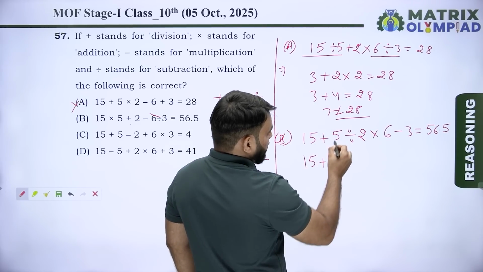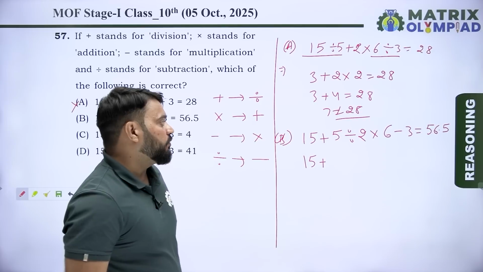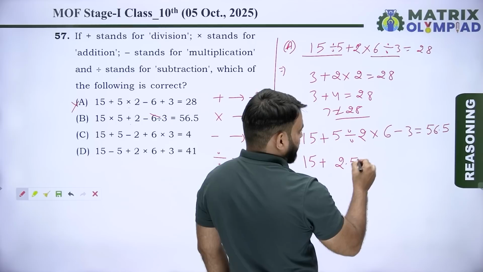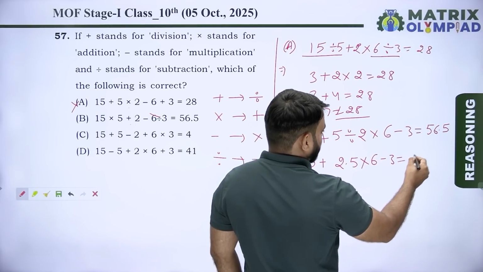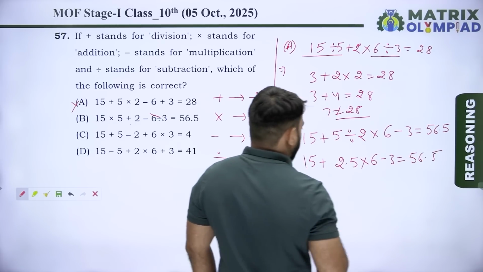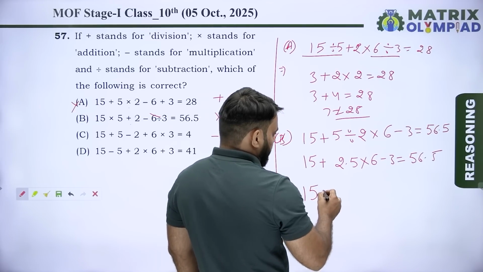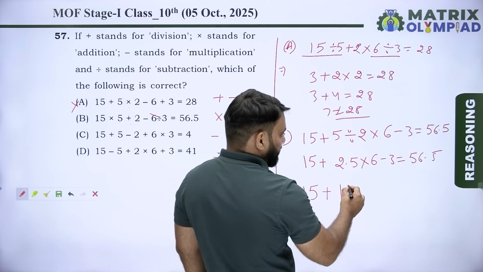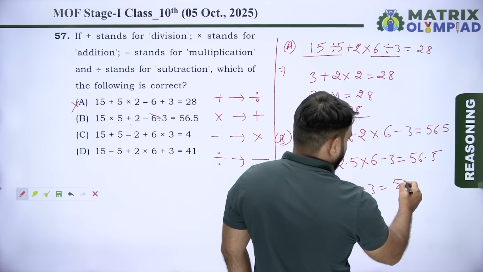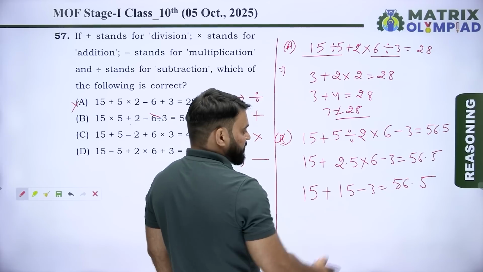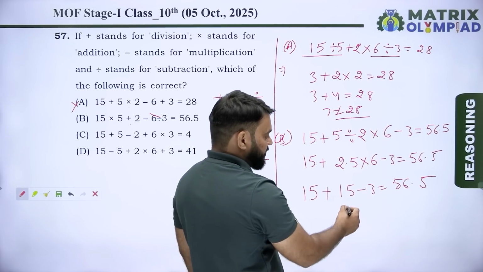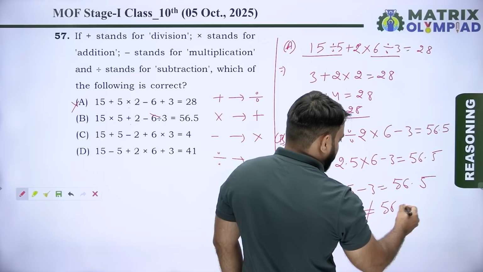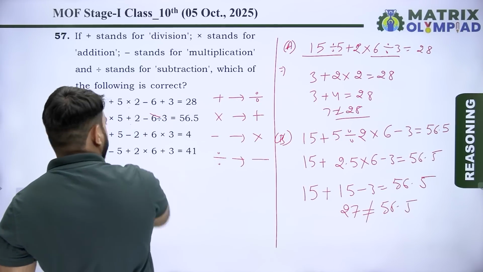So 15 plus 5 into 5 divided by 2, it means 2.5, into 6 minus 3 is equal to 56.5. Now multiply the numbers. 15 plus 6 multiply by 2.5, it means 15 minus 3 is equal to 56.5. 15 plus 15, it means 30 minus 3, it means 27, never equals 56.5. So here option B is also an incorrect option.